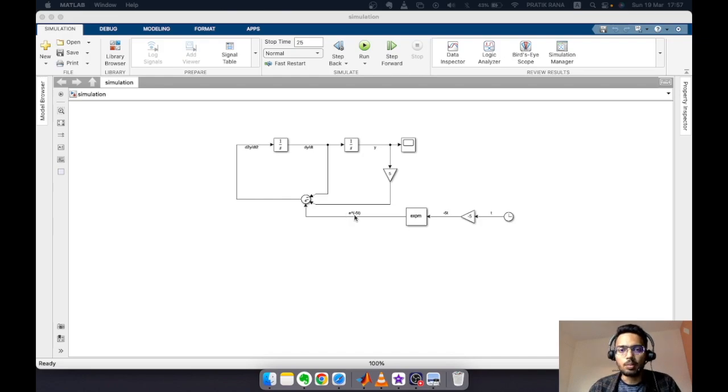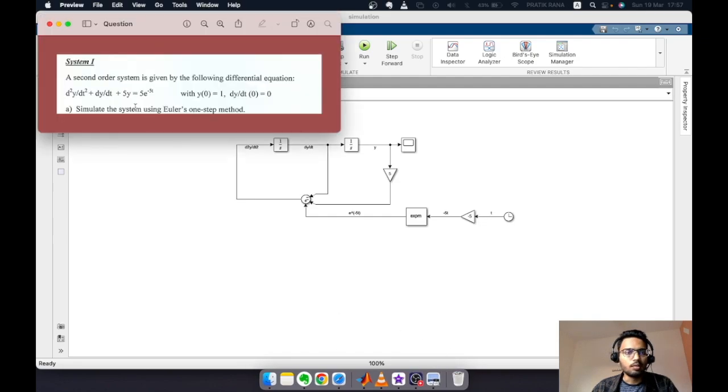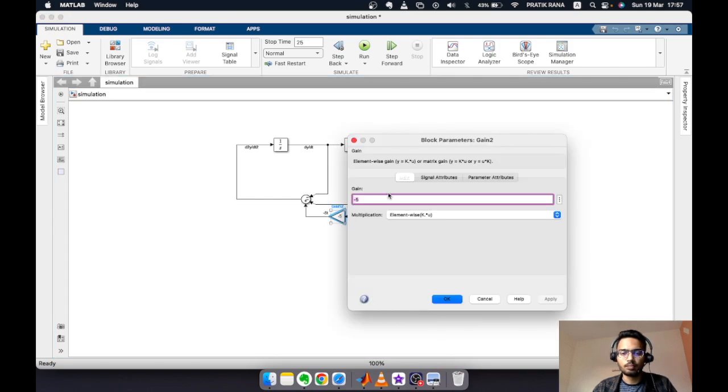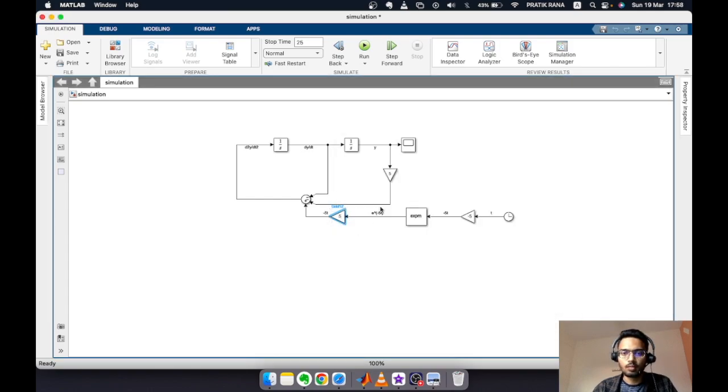So we have got e to the power minus 5t coming out of this exponential block. But if we look at the question, we need 5 into e to the power minus 5t. So we'll add a gain block here also with gain value equal to 5. So the signal that we are getting after this is 5 times this value.